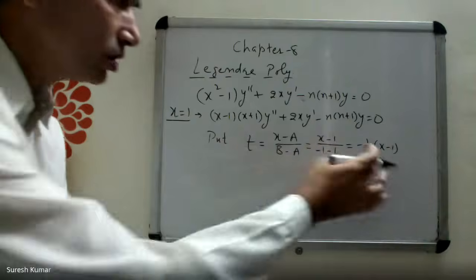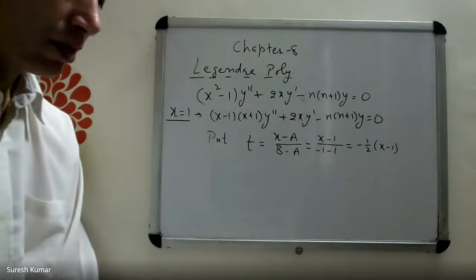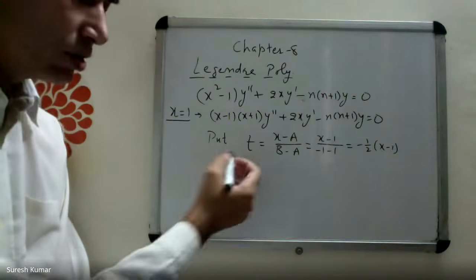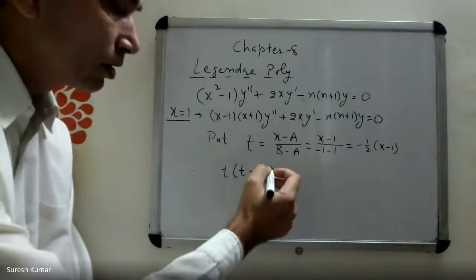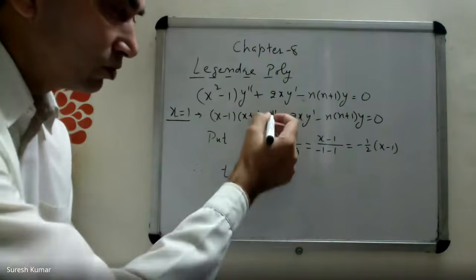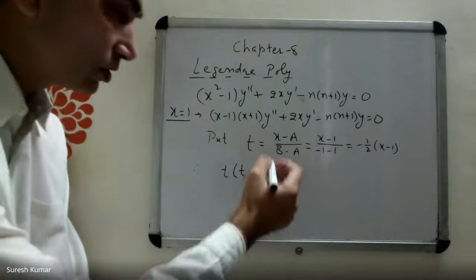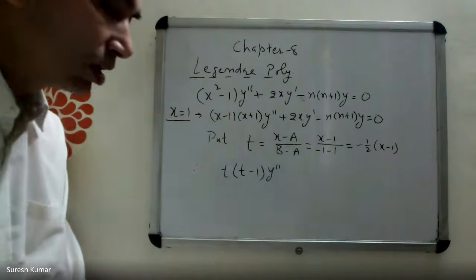Put t equal to this into this differential equation. Then you should get t into (t minus 1) y double prime. In y double prime here, double prime means second derivative with respect to x. But now y double prime means second derivative with respect to t.